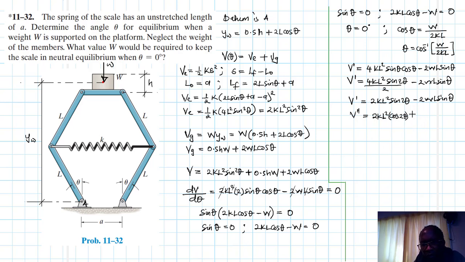So this just becomes by 2, then minus 2wl cos theta, and this we need to equate.